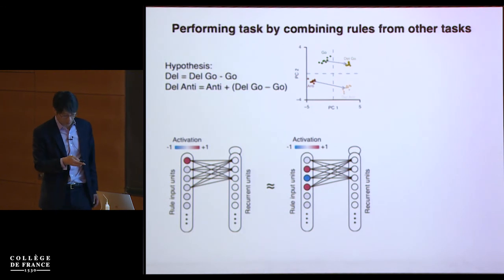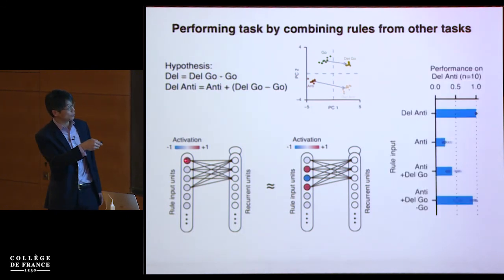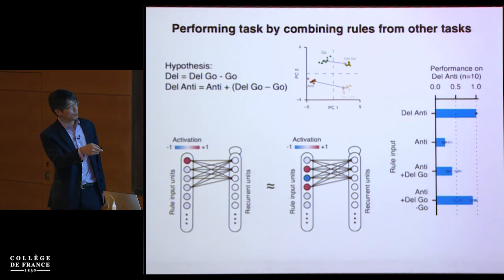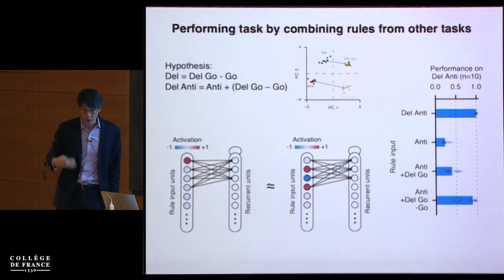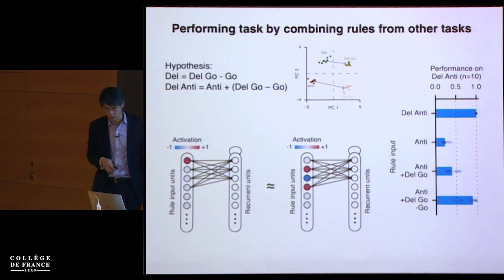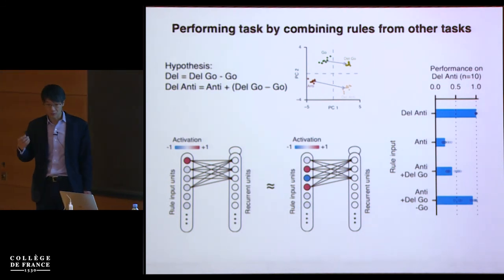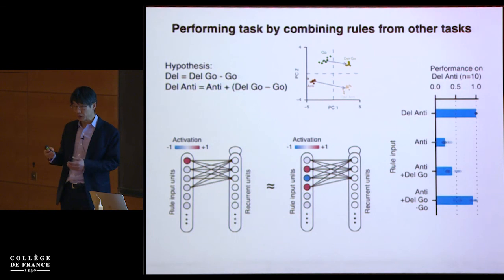Indeed, we found that, of course, if you show this rule, you perform really well for delayed untie task. But if you only show one other rule unit, untie, you perform very badly with the delayed untie task. If you show 2 signals, it still performs badly. But if you show the combination of 3 rule units, now your performance is as good as the initial one. Just providing an example of compositionality in this model.